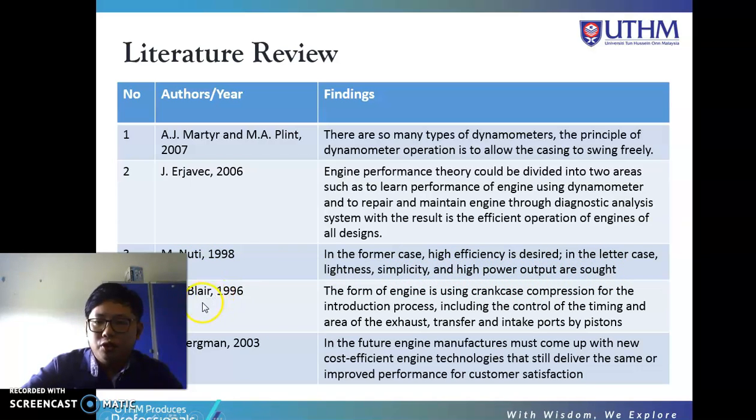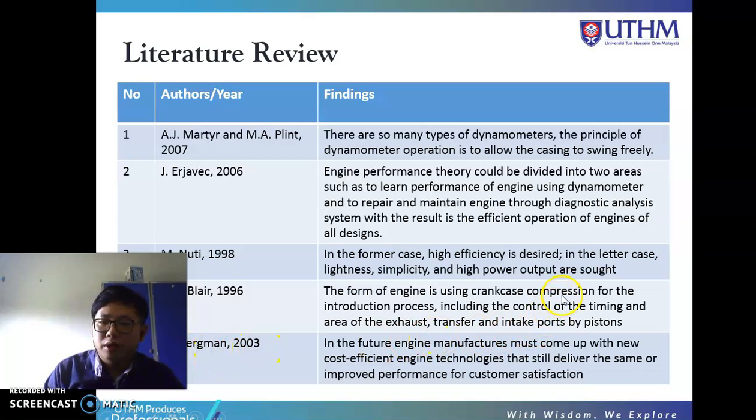And fourth, G.P. Blake, 1996. The form of engine is using crankcase compression for the induction process, including the control of the timing and area of the exhaust, transfer and intake ports by the piston. And the last one, N. Bergman 2003.